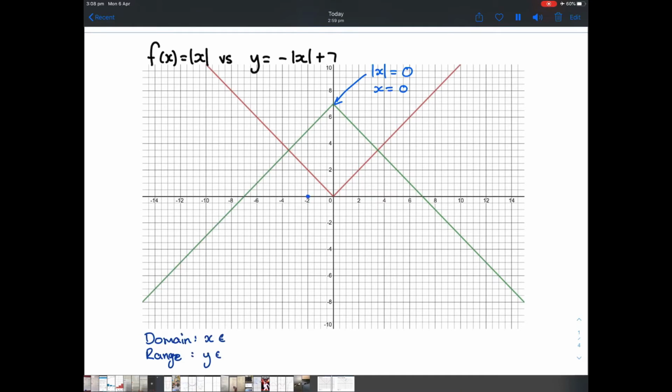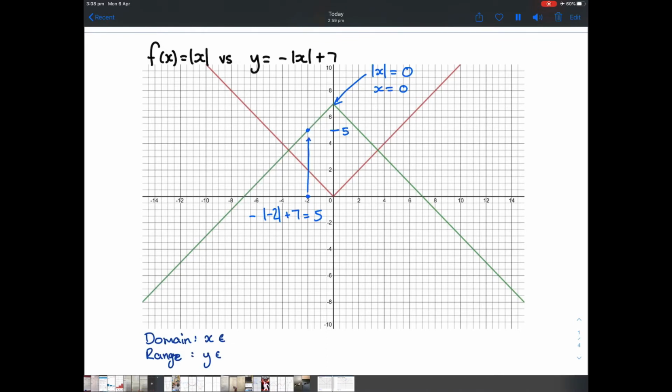If I take the absolute value of negative 2, we know it is 2. Because there's a negative sign out the front of it, that keeps it as negative 2. And when I add 7, that's going to equal 5. And when we look up here, that spot there is actually 5.